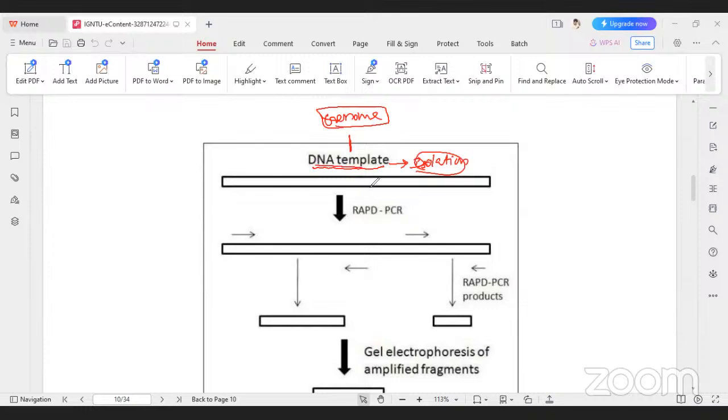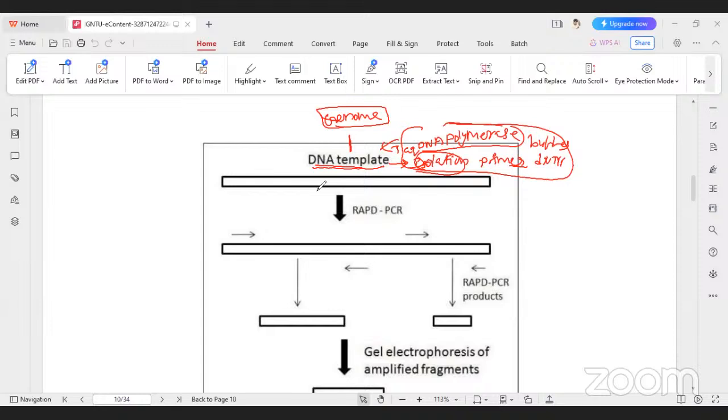To this template, adding Taq DNA polymerase, already told you the function of Taq DNA polymerase, primer, dNTPs, and buffer. These are added to the DNA template.